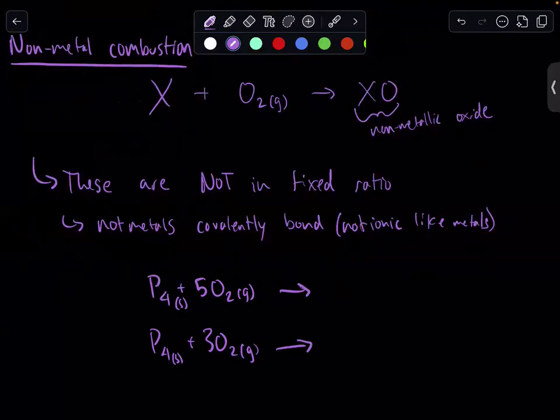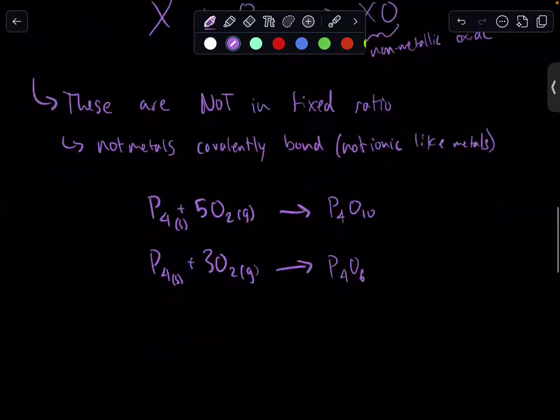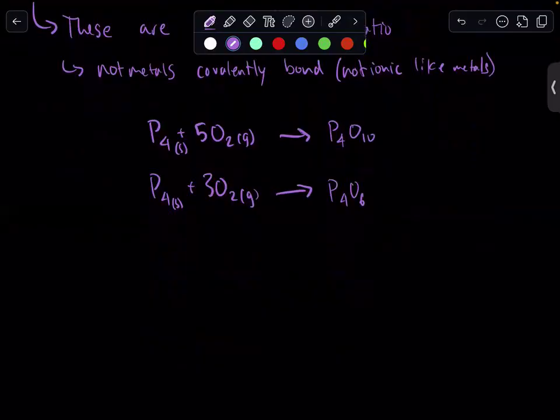Both will be very exothermic, but we might get P4O10 or P4O6. These are different forms and different compounds, and that's based on the fact that these are covalent bonded structures. So it may not be as simple as a ratio. That is non-metal oxides.